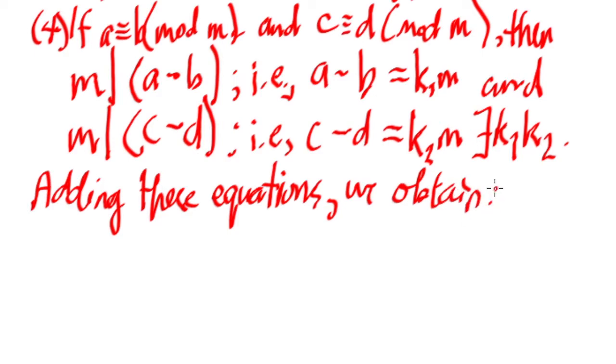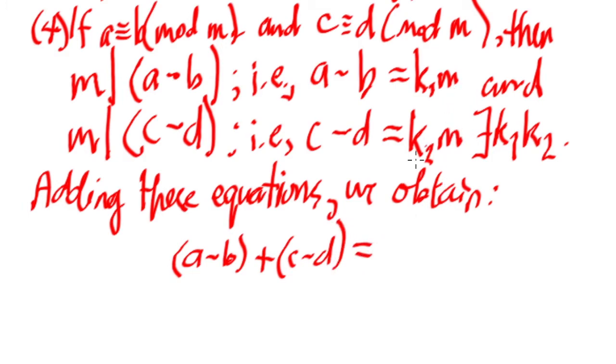We will be adding A minus B equals k sub 1 M, and C minus D equals k sub 2 M. So we're going to add A minus B and C minus D. What we'll have is A minus B plus C minus D is equal to k sub 1 M plus k sub 2 M.